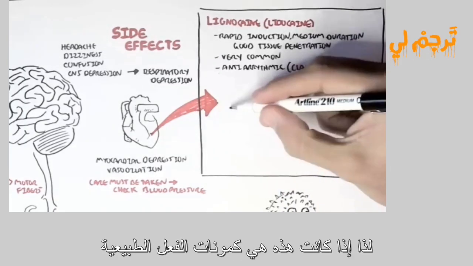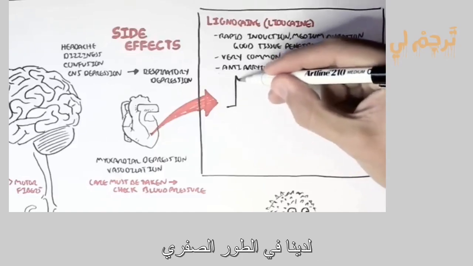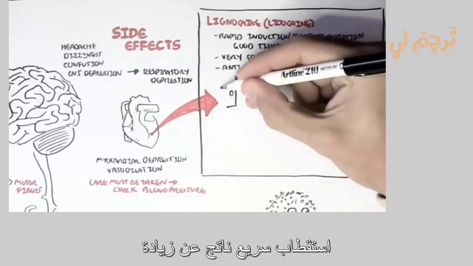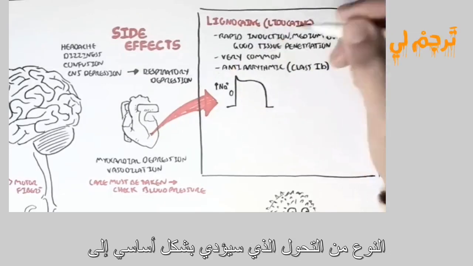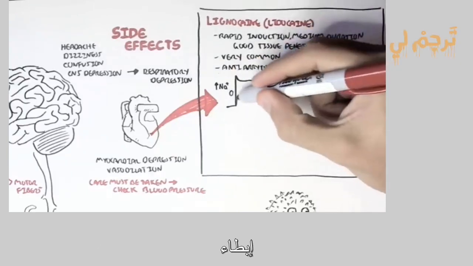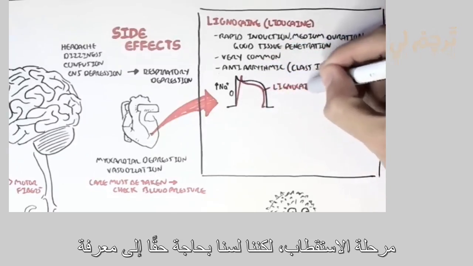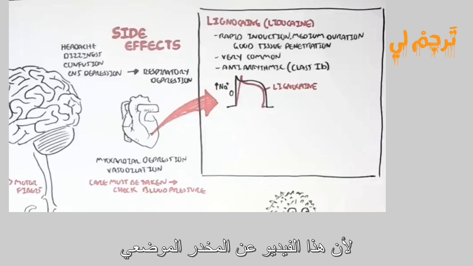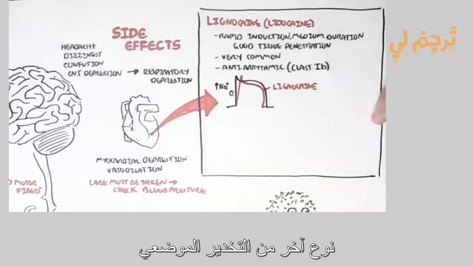So if this was the normal action potential of the ventricle myocyte, where in the zero phase we have a rapid depolarization caused by an increase in sodium influx, lignocaine will cause this type of shift, which will essentially slow down the depolarization phase. But we don't really need to know that lignocaine is an antiarrhythmic drug because this is a local anesthetic video. But that's just a good concept to understand.